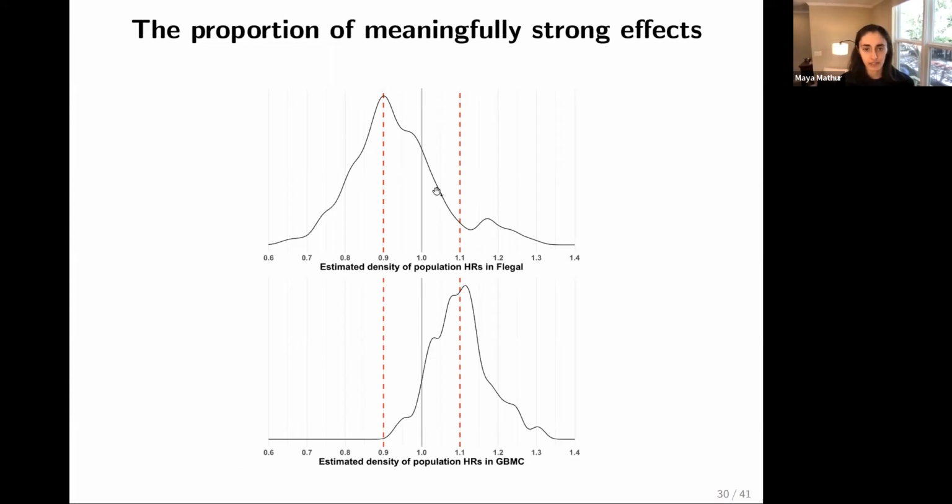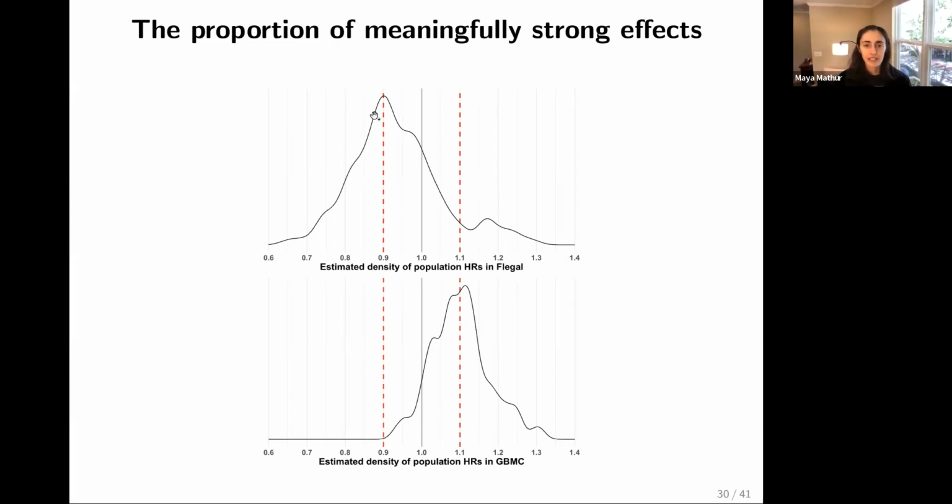And the gray line is the null hazard ratio of 1. You can see that there's a fair bit of heterogeneity in both of these meta-analyses. In Flegel et al., certainly the majority are protective, but there's also a decent number in the detrimental direction. And for GBMC, a larger majority are detrimental, but still a decent amount of heterogeneity.